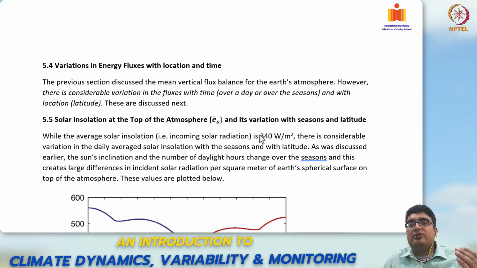Of course, solar insolation changes with the time of day. So during noon time, when the sun is right near the top of the sky, you will have much higher solar insolation than in the mornings and in the evenings when the sun is lower down in the sky. And this is something that is true at every location on the earth.